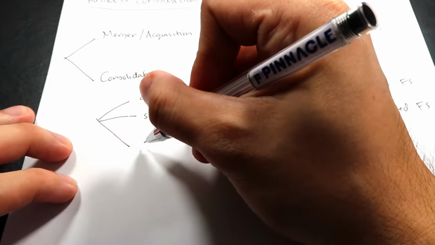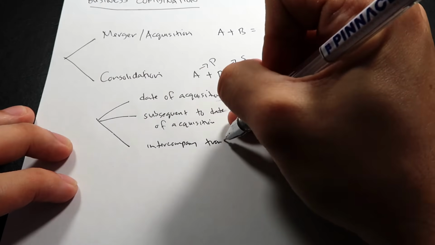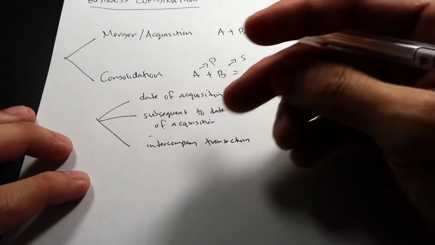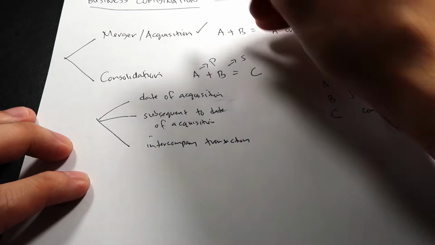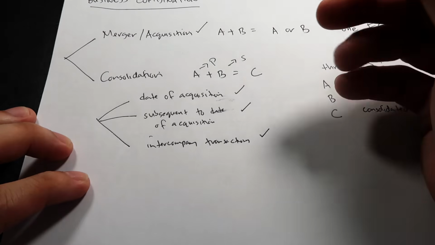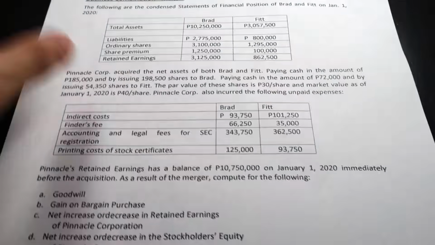And number three is intercompany transactions. I have four videos for business combination: one for merger or acquisition, one for this, and one for intercompany transactions. For today, let's focus first on merger or acquisition. Let's go to our problem for today.